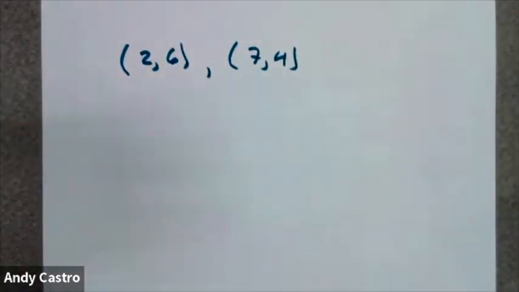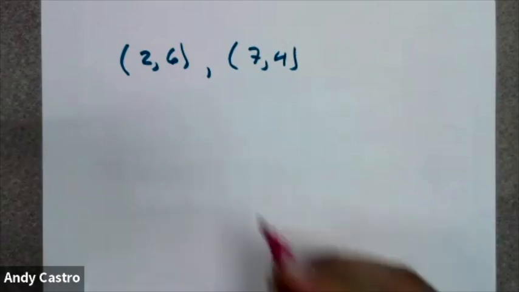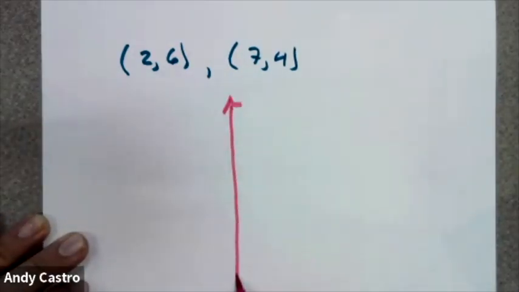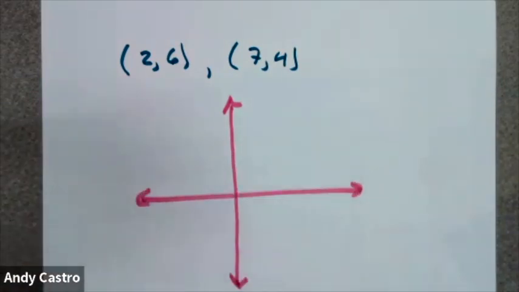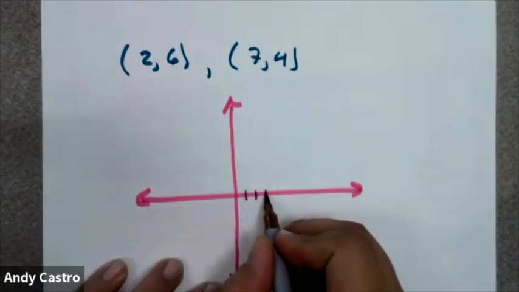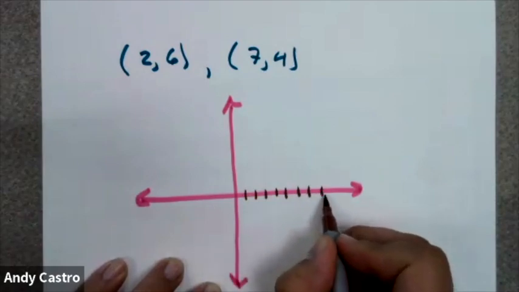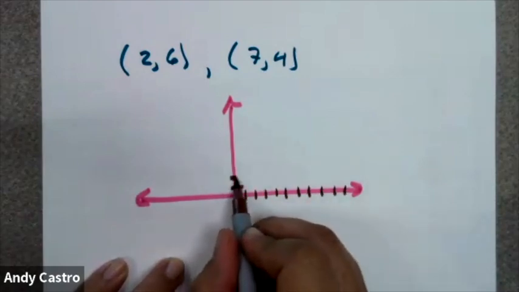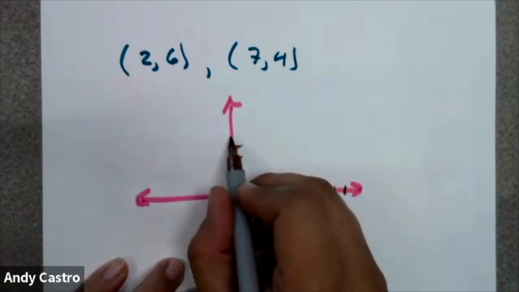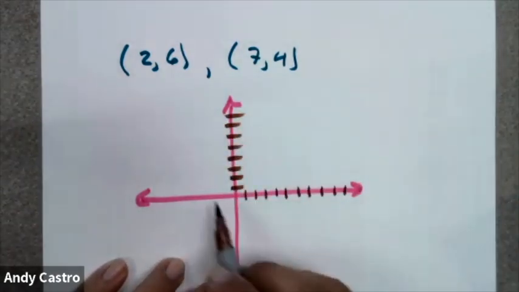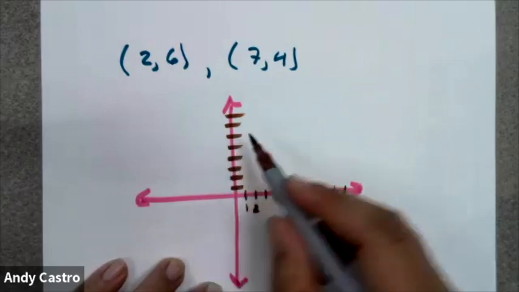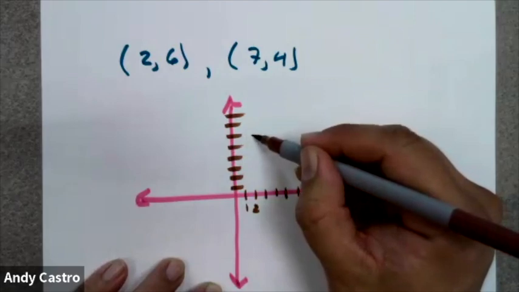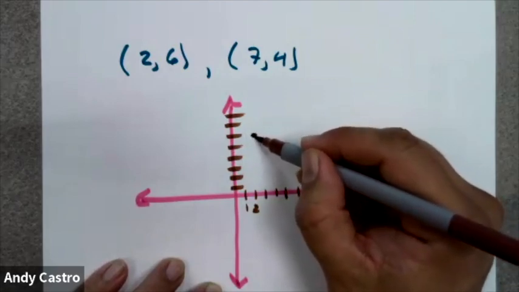Okay, let's go ahead and make a graph. You don't have to make a graph, but I think a visualization of what's going on always makes it easier to understand. All right, let's look at (2, 6). 1, 2, 3, 4, 5, 6, 7, 8, 9, 10. All right, so (2, 6), right there.